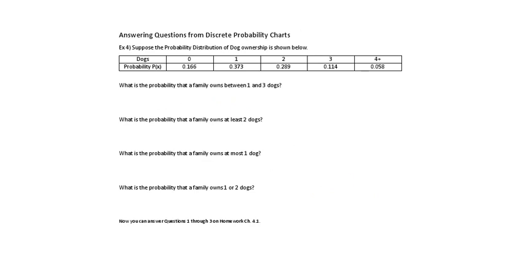Well, what we would do is find the probability of 1, probability of 2, probability of 3, and add them together. So we would do 0.373 plus 0.289 plus 0.114. And that's equal to 0.776.